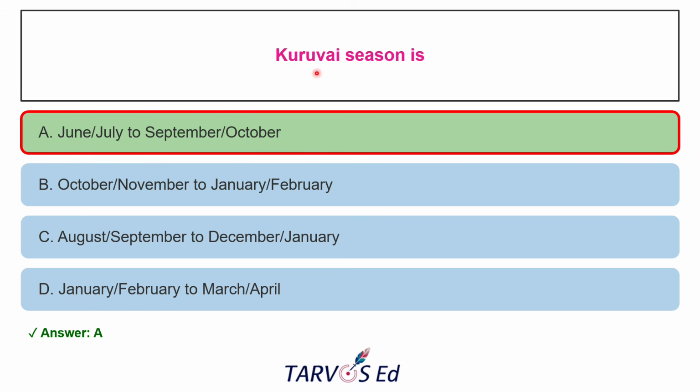So here the question is asked, which one is Kuruvai season? We have already discussed that in the previous slide. As I said, there are three different rice seasons prevailing in Tamil Nadu: Kuruvai, Samba, and Thaladi. Kuruvai is where short duration varieties are sown.